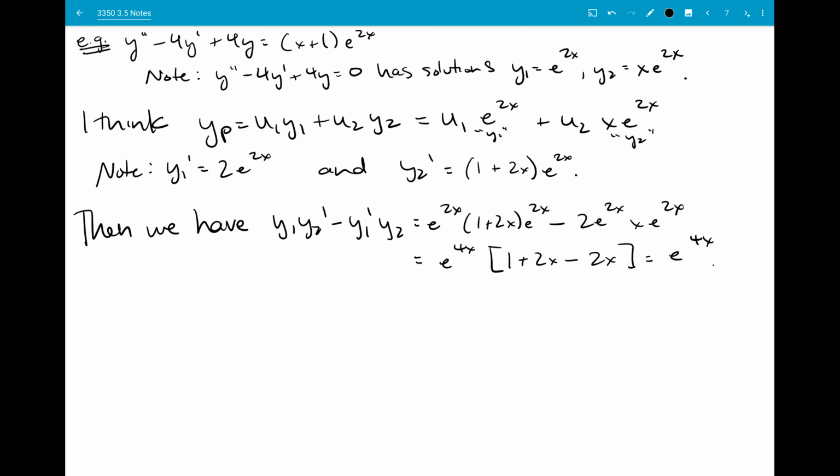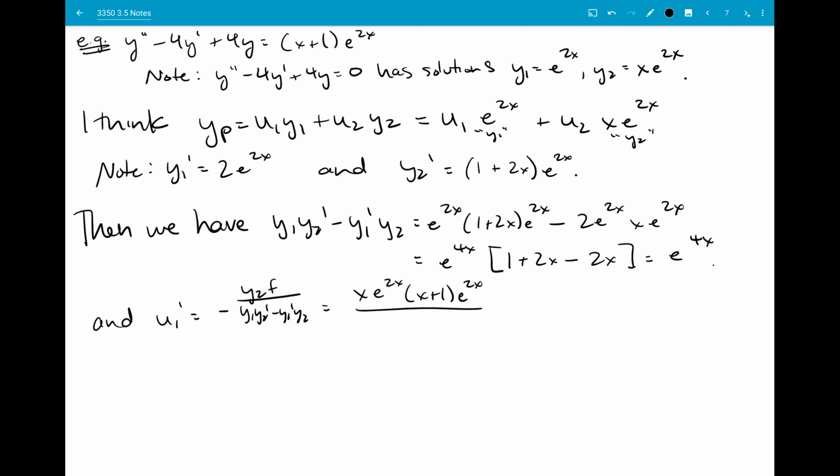And so my u1' is going to be minus y2 f over y1 y2' minus y1' y2. So my y2 was x e to the 2x. My f was (x plus 1) e to the 2x.